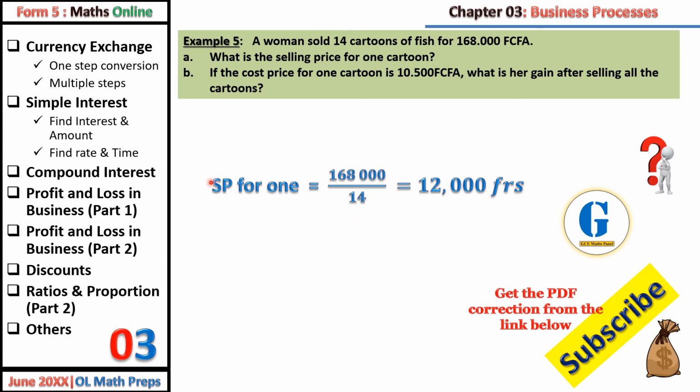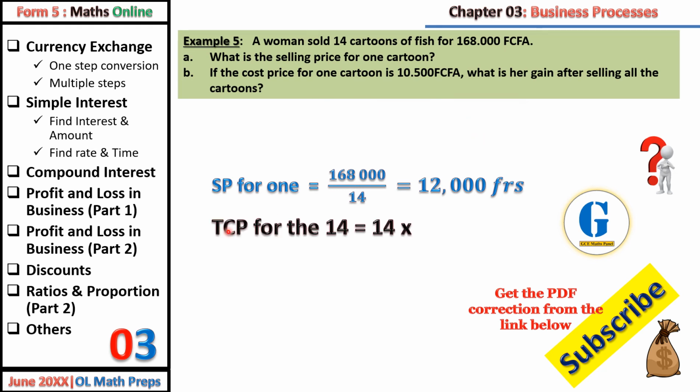Now, if the cost price for one carton is 10,500, what is her gain after selling all the cartons? So equally here, we can answer this question in 2 ways. You can calculate the gain for one carton, and we multiply the result by 14 since there were 14 cartons altogether, or we can look for the total cost price, and then we get the total selling price and we do a subtraction.